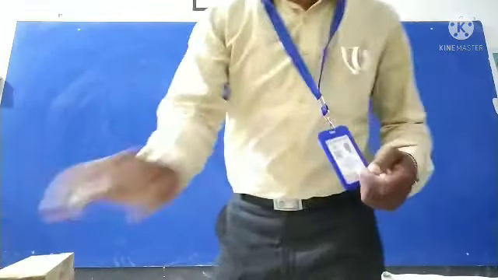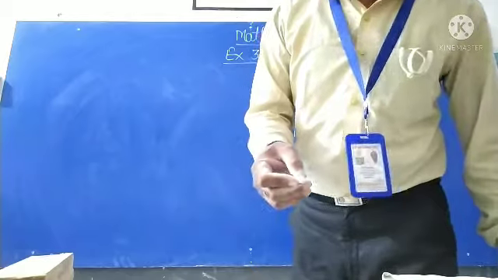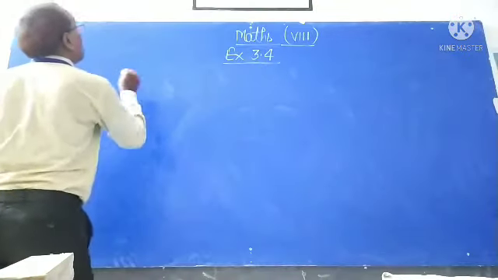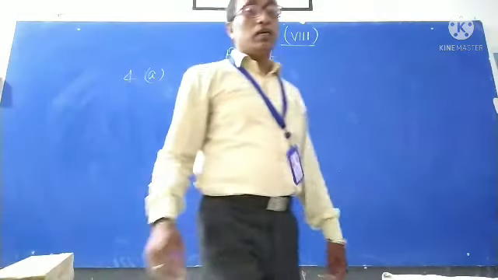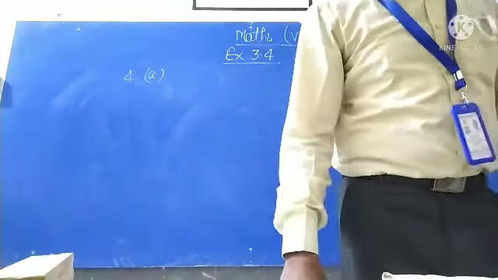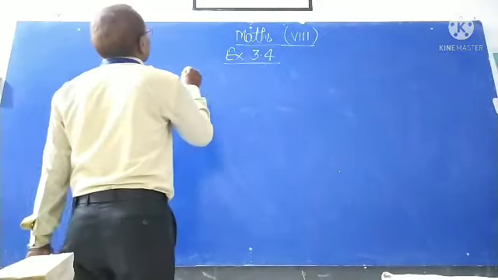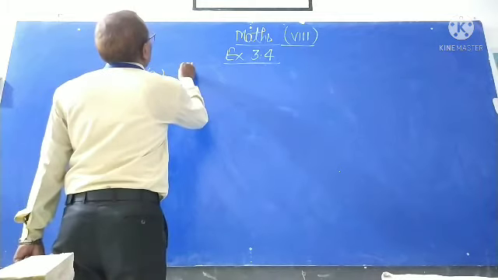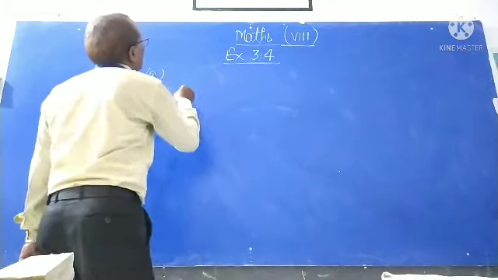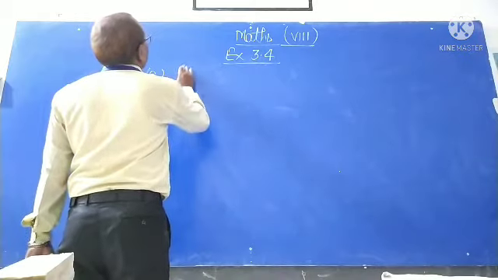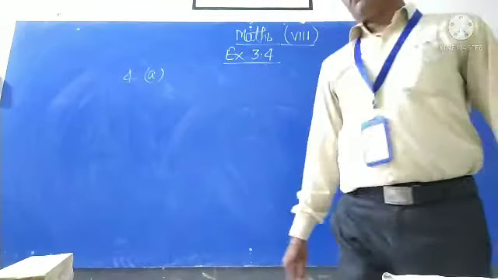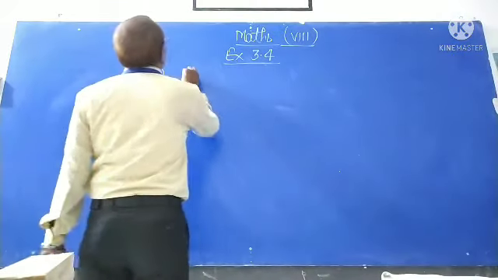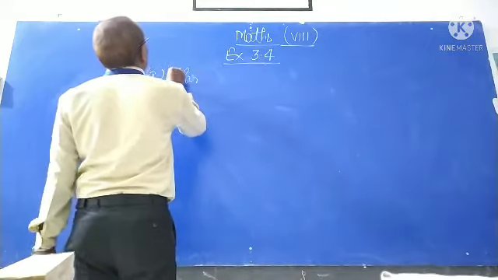Question number 4. A. Name the quadrilateral whose diagonals bisect each other. Your answer is, a quadrilateral whose diagonals bisect each other means parallelogram.